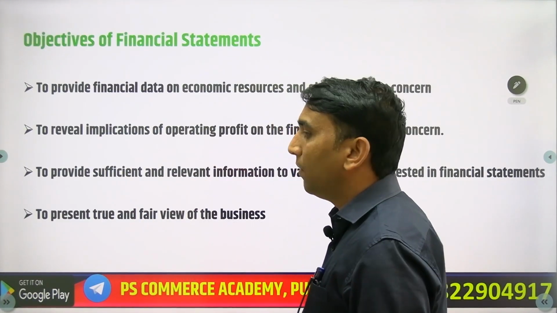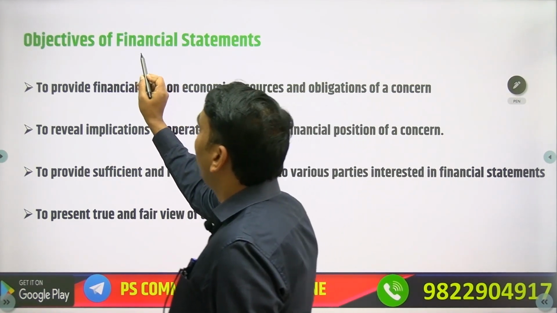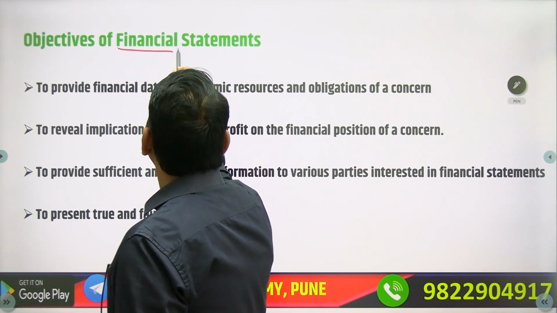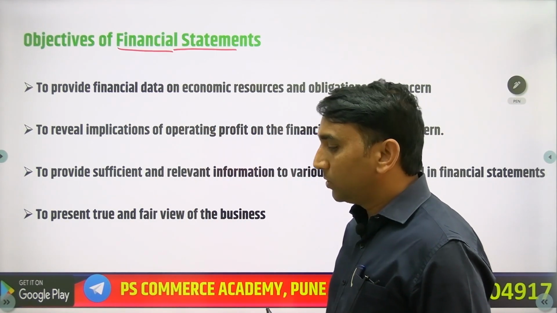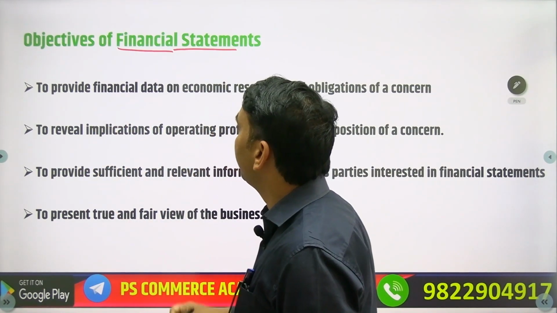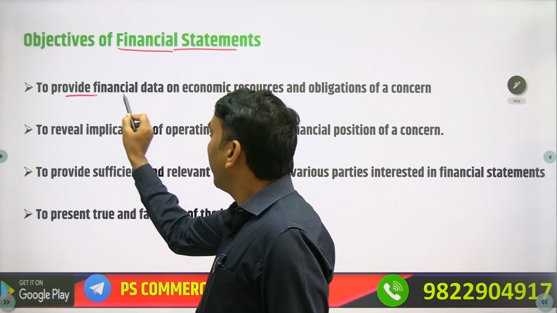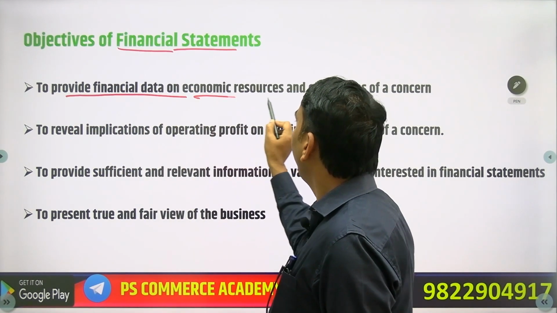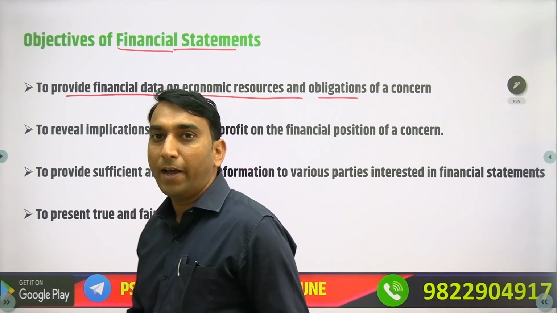Then we'll move ahead and we'll see what are the objectives of financial statement. अभी जो हम फाइनेंशियल स्टेटमेंट बना रहे हैं और बनाए हैं, उसका ऑब्जेक्टिव क्या है, उसका प्राइम ऑब्जेक्टिव जो है, सो फर्स्ट ऑब्जेक्टिव ऑफ द फाइनेंशियल स्टेटमेंट इज दैट व्हाट, टू प्रोवाइड फाइनेंशियल डेटा ऑन इकोनॉमिक रिसोर्सेस obligations of a concern, to provide financial data.